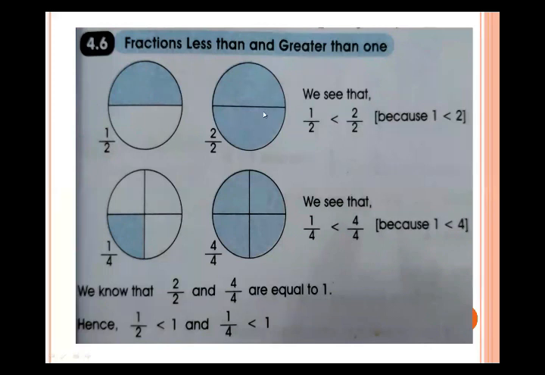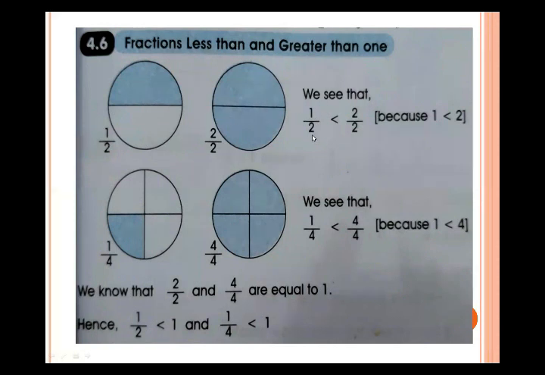Here again the same size of circle is divided into two equal parts, but both parts are shaded. It means the fraction is 2 upon 2. So we say that 1 upon 2 has fewer parts shaded compared to the first circle, while in the second, the whole shape is shaded.